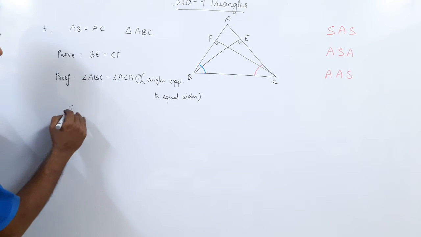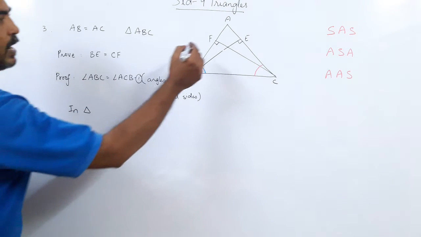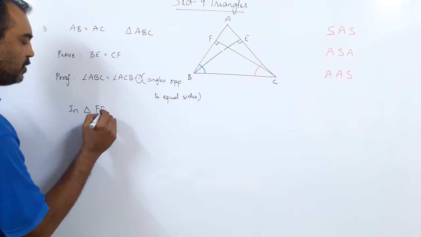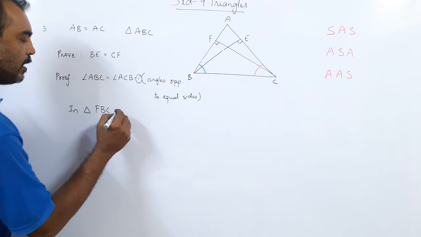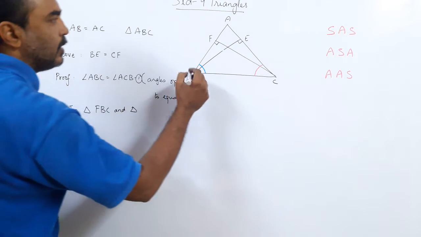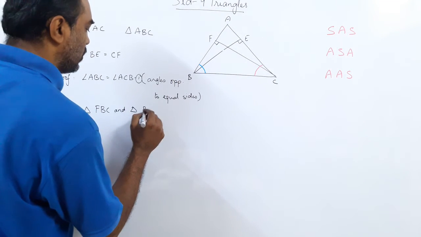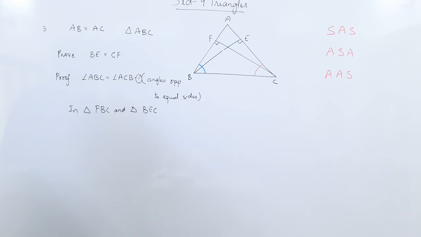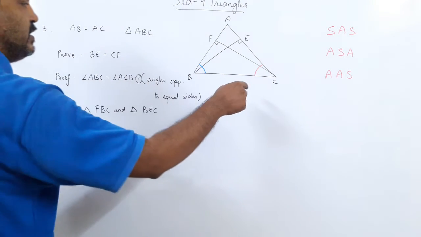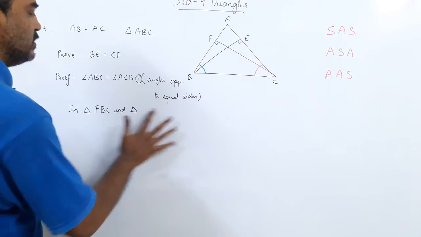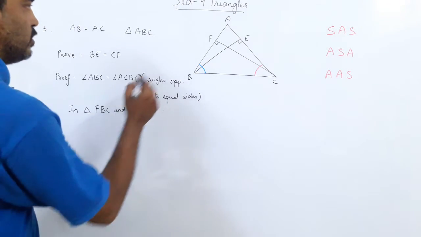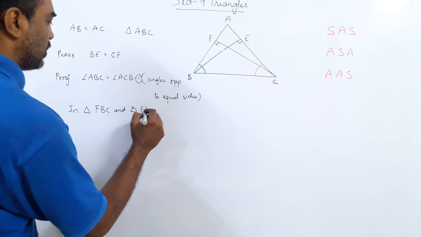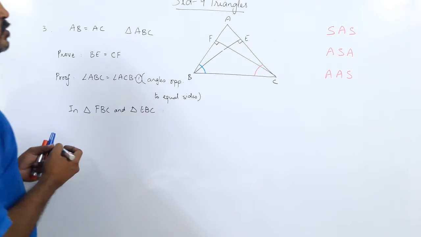I'm taking one triangle FBC, and triangle EBC. Look which two triangles I've taken. I've taken FBC and EBC.